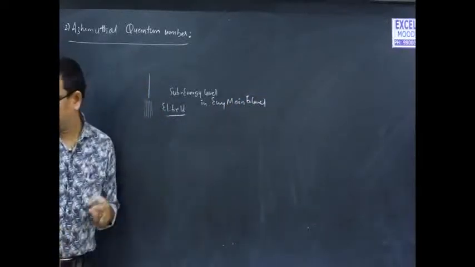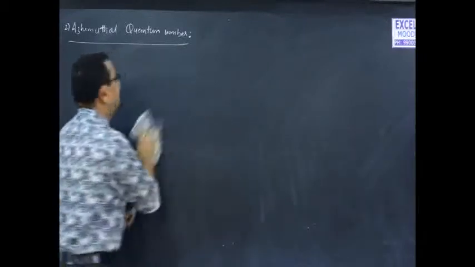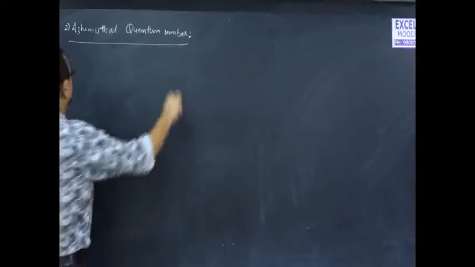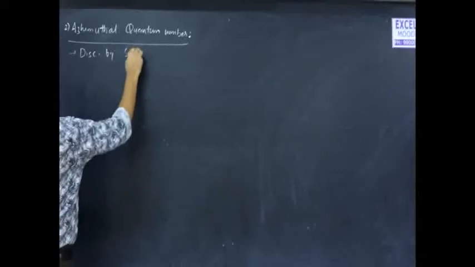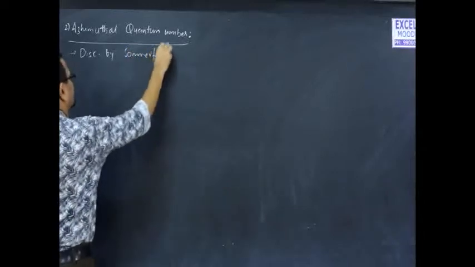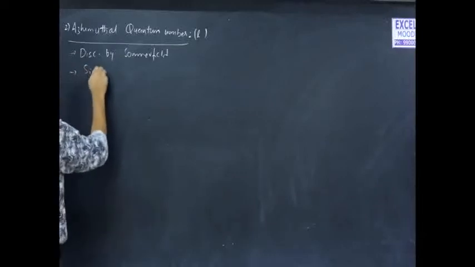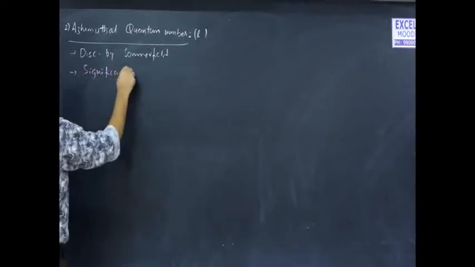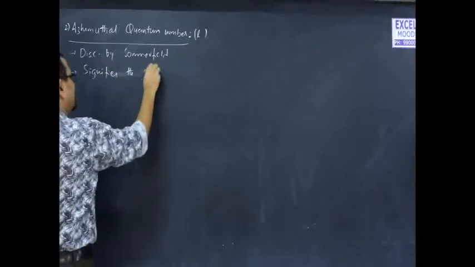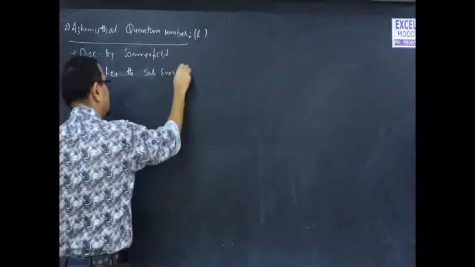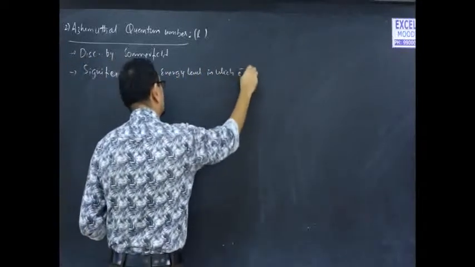So, keeping this in view, the Azimuthal quantum number was given by Sommerfeld. It is given with the symbol L. Actually, the significance of this quantum number is that it signifies the sub-energy level in which the electron is present.